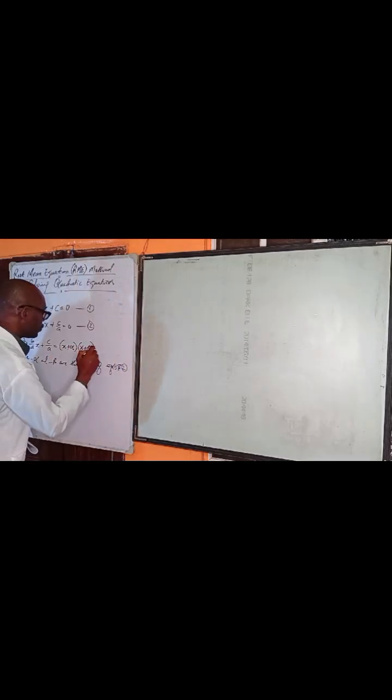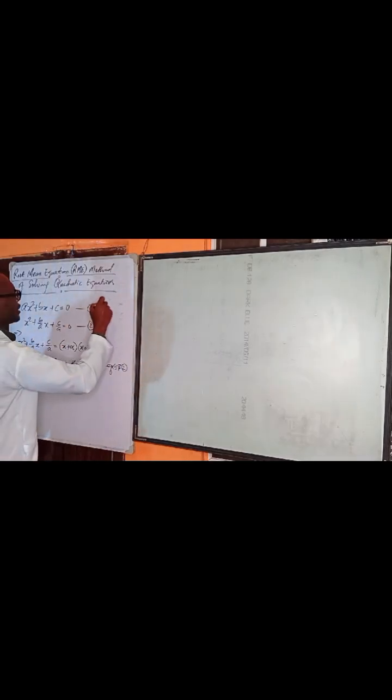Now remember, this equation equals 0. If it equals 0, then the product of these two factors equals 0, which means each of them can be equated to 0.